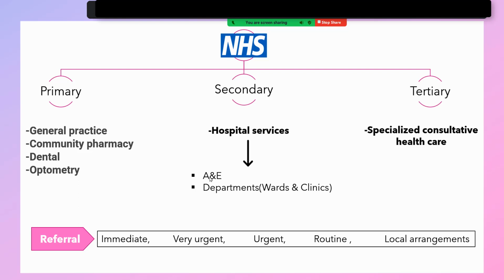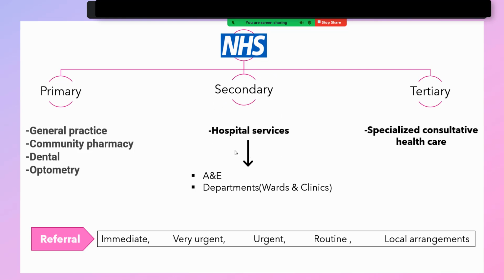Or maybe the patient has acute loss of vision and you are in the GP, so you refer the patient to the eye clinic right away in the hospital. Okay, so if you know where you are and you know the NHS system, you will know what the next step is.